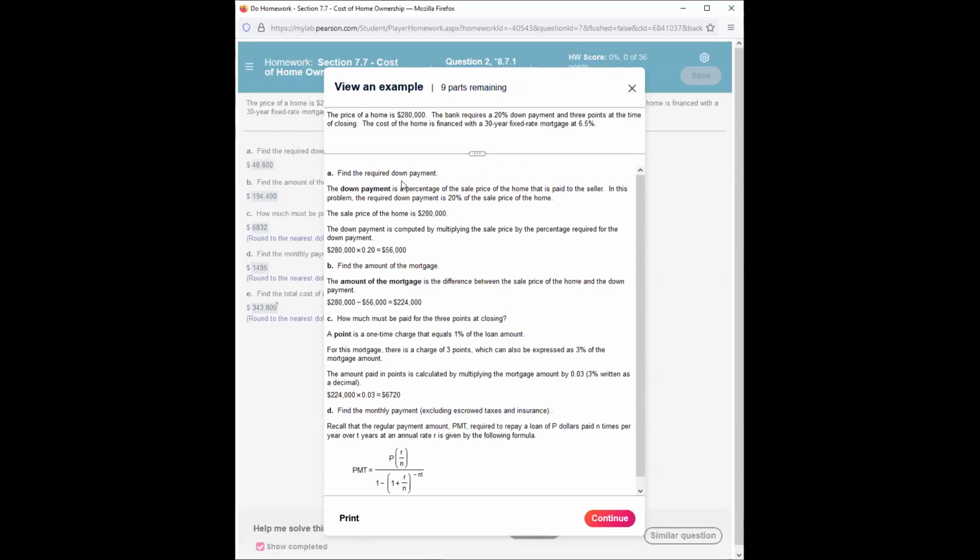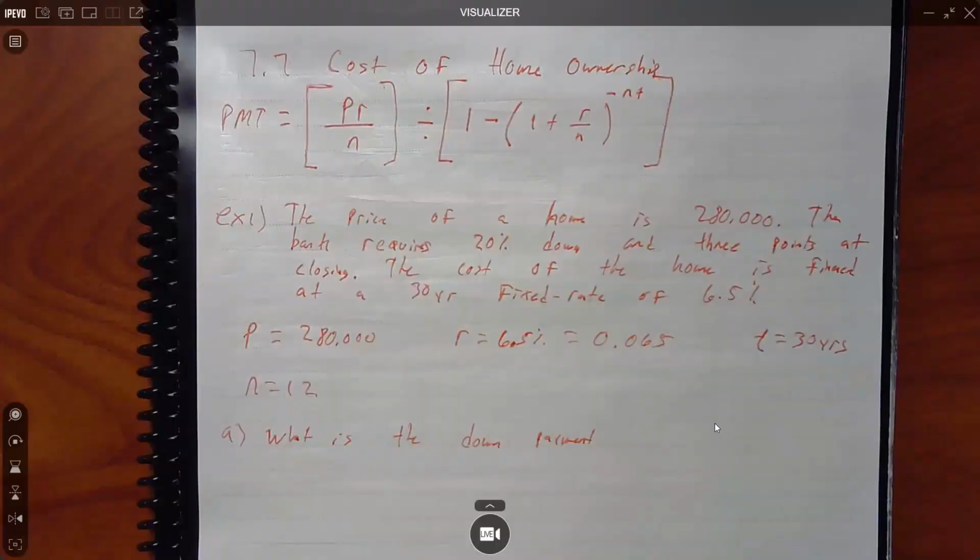Part A says find the required down payment. So part A, what is the down payment? So what would you do? It's close. It'd be just times.